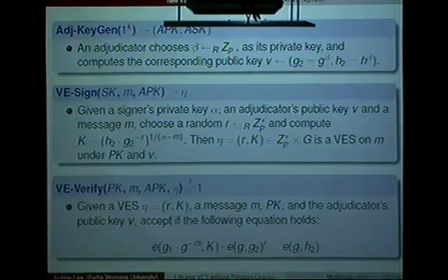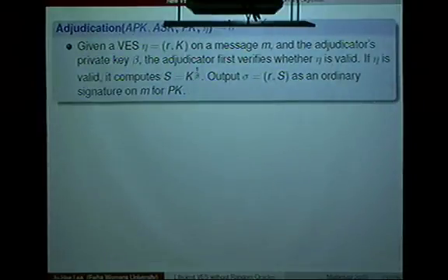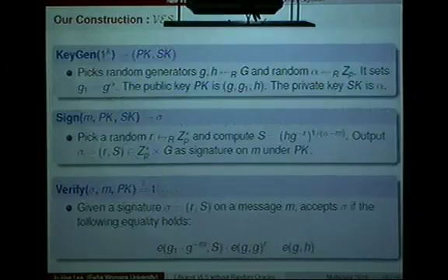The method of the check is that the following equation holds. If it holds, accept; otherwise, reject. The last step is adjudication: given these inputs, it outputs the ordinary signature. So in this VES scheme, given the ordinary signature, we encrypt the signature, and that is the same as the VES.